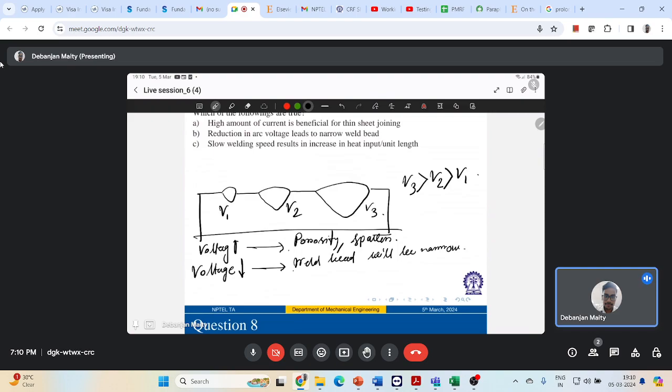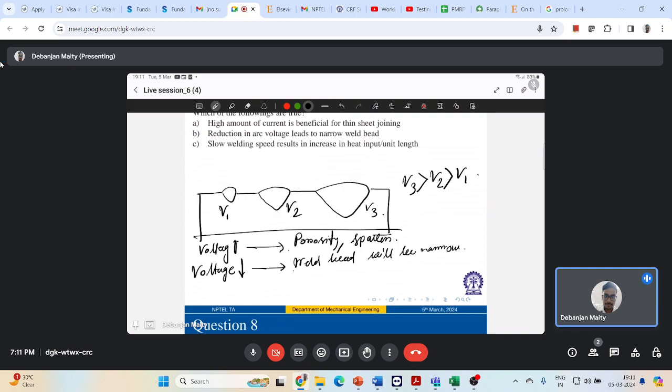So those are some simple, straightforward aspects of the effect of voltage and current on your bead width, deposition rate, and penetration depth, scattering, and those aspects. You know. So yeah.